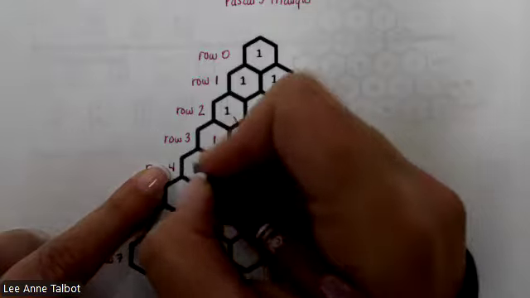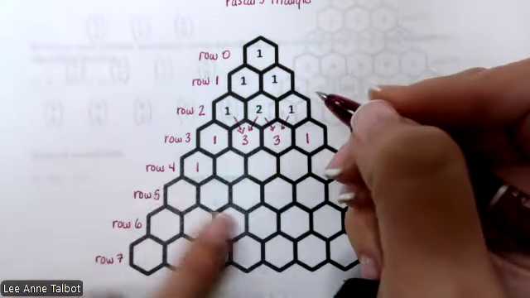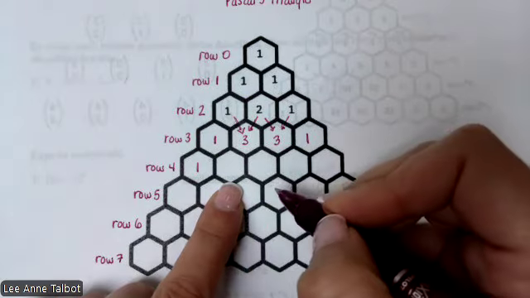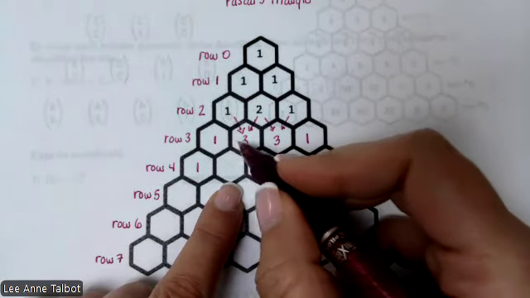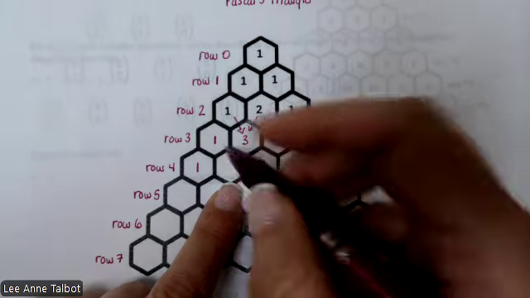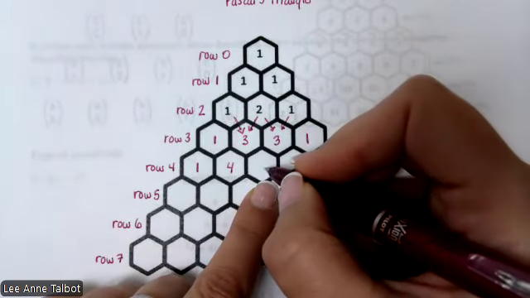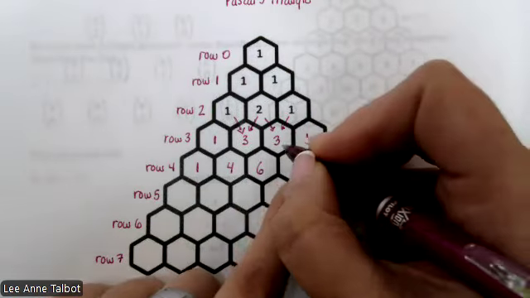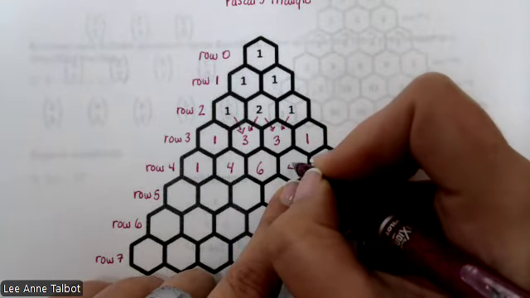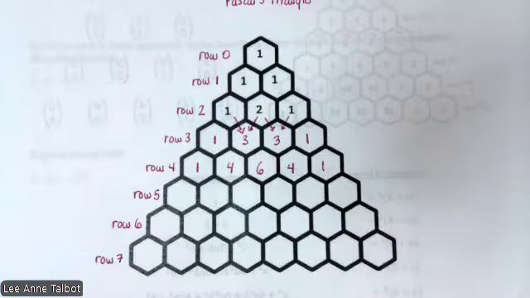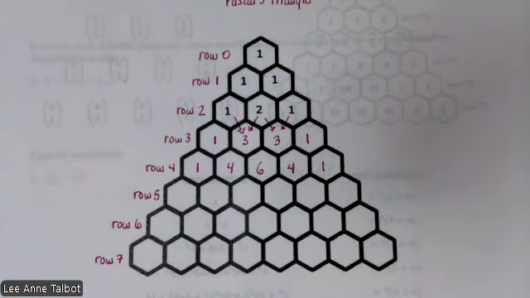Okay, so 1. What would this be? 1 plus 3 is 4. 3 plus 3 is 6. 3 plus 1 is 4. And it ends with a 1. And you might ask yourself, Mrs. Talbot, is it symmetric? And the answer is yes.